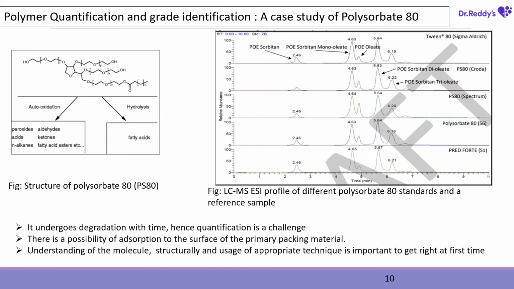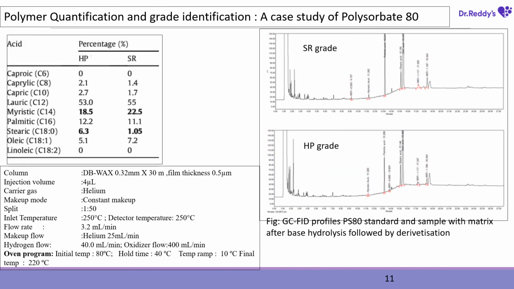And also polysorbate comes in different grades, which are basically super refined and high purity, which change slightly in terms of fatty acid composition. To understand the grades, one of the important tools which can be used is gas chromatography coupled with an FID detector.